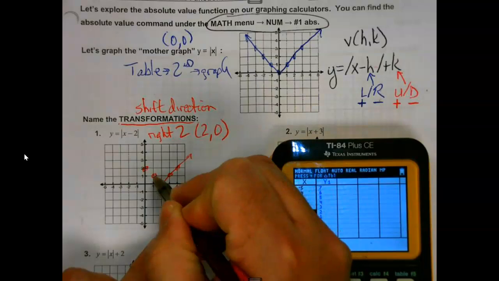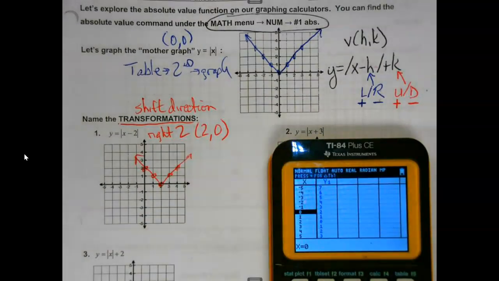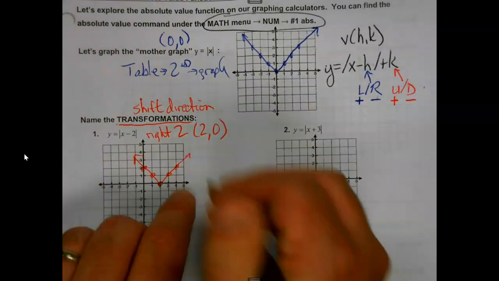It seems like there's a pattern that goes with the V shape. The pattern seems to be, I just go up 1 and over 1 both ways, almost like slope. Now, is that going to be true all the way through? I don't know. But it seems like a safe bet.